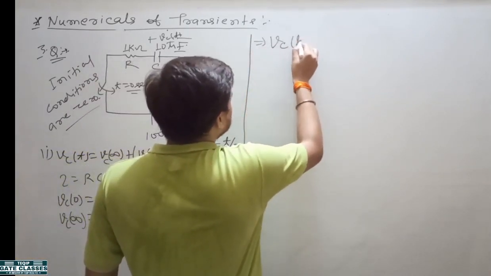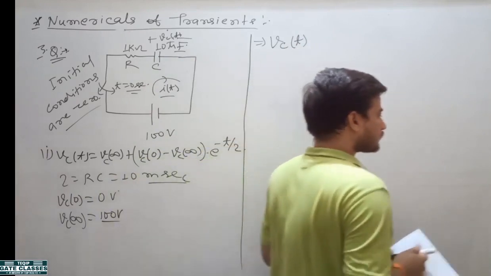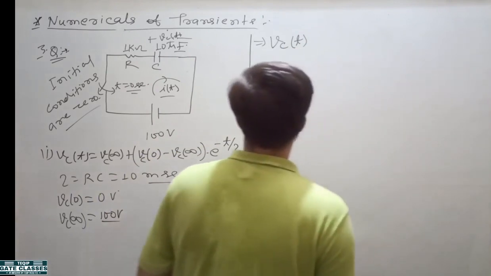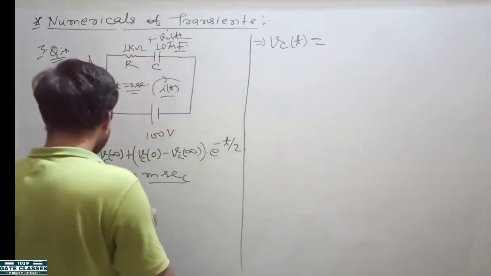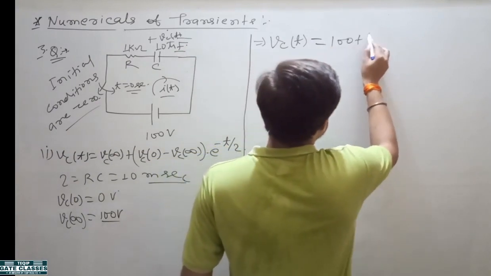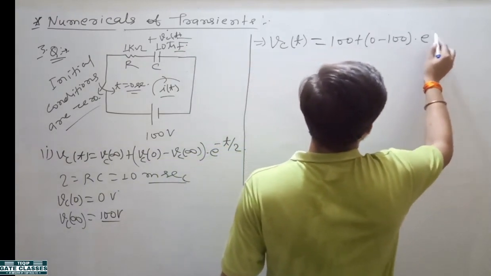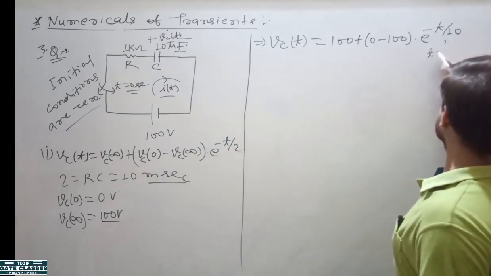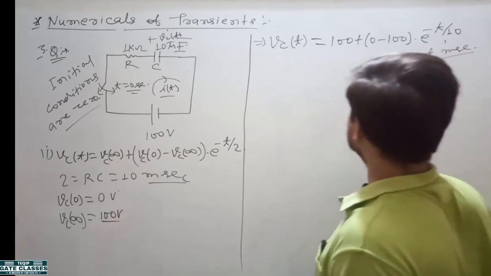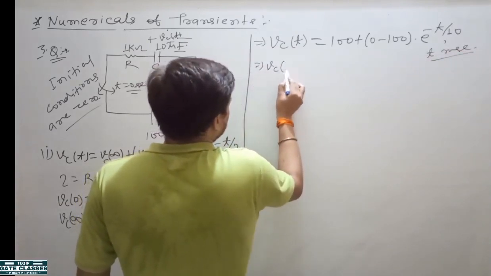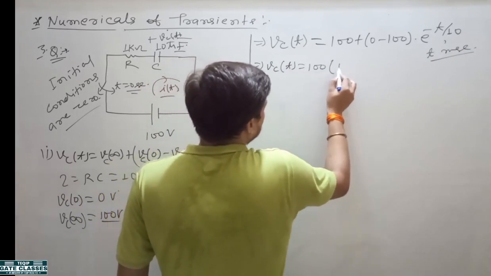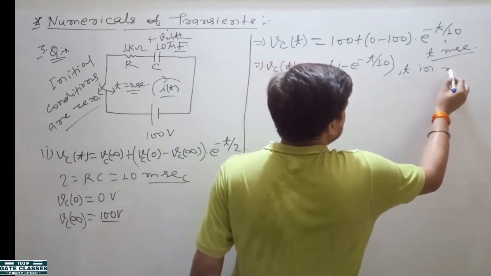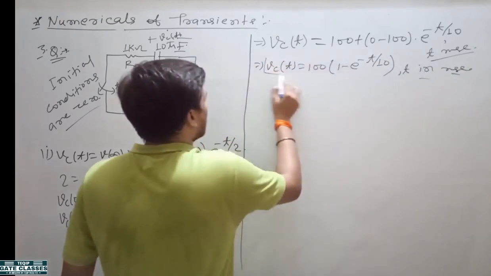It will be VC infinity, that means 100, plus 0 minus 100, into e to the power minus t by 10, where t is in millisecond. From here VC(t) is 100 into 1 minus e to the power minus t by 10, t in millisecond. So this is the answer of the first question.